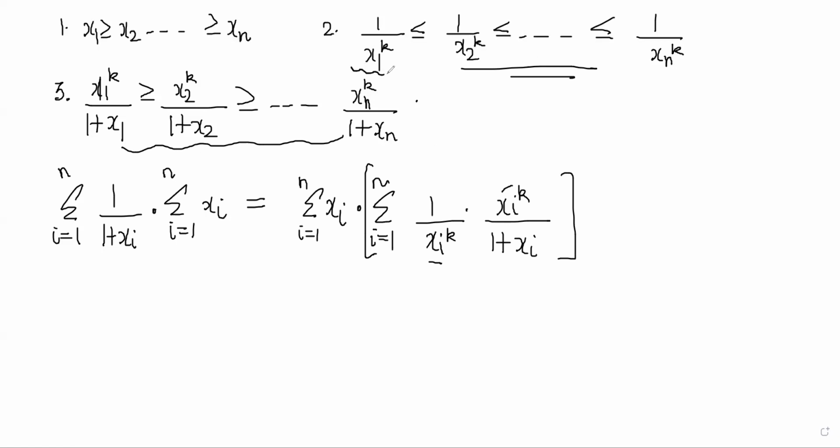Now, notice that this is a reverse order sum, right? Look at the second sequence here and look at the third sequence here. The smallest term of the second sequence is being multiplied by the biggest term of the third sequence, right?